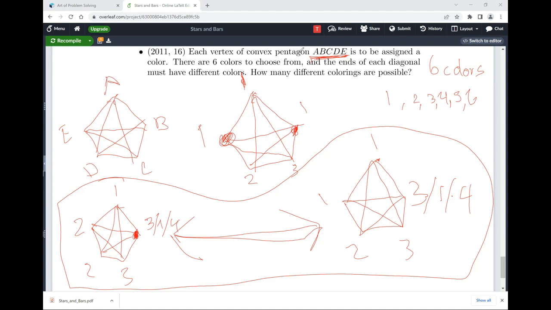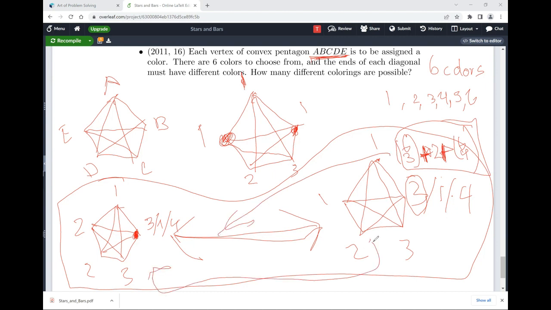And if this is a 3, then what we really have to do is just 6 choose 3, because you only use 3 colors for this one as well. So times 2, and then plus 6 choose 4. So this is the number of ways, and then this times 2, because this case and this case are pretty much the same, but reversed.